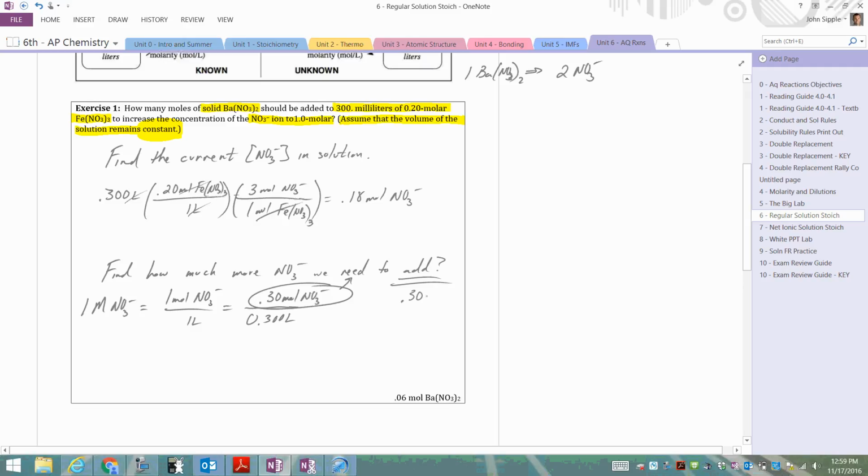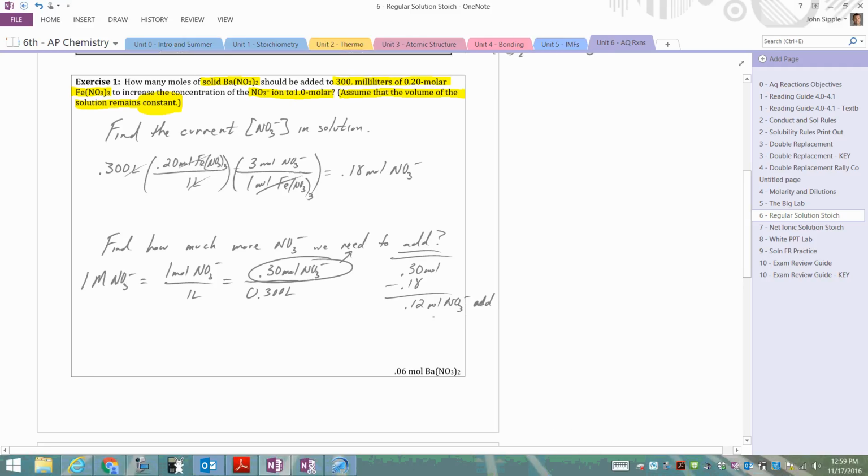Yeah, so we're going to take the moles that we have, minus 0.18, give us 0.1 moles of nitrate that we're going to need to add, right? So those are how many moles we need to add of nitrate.